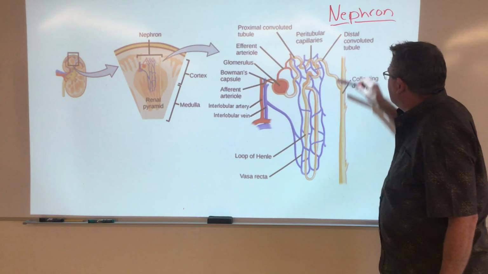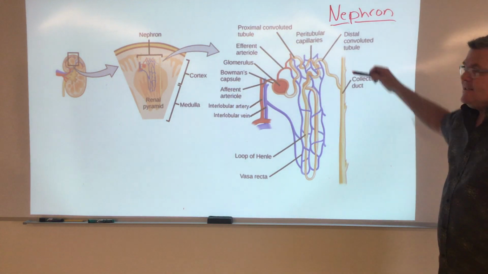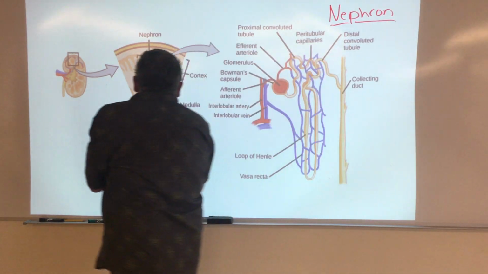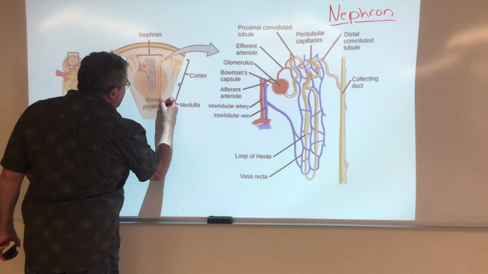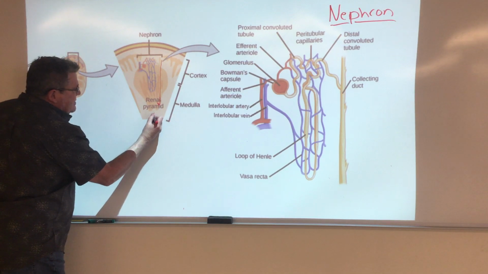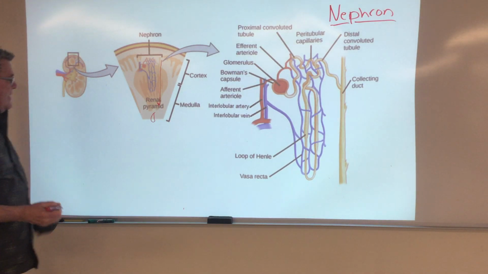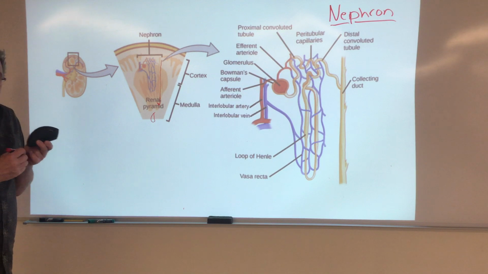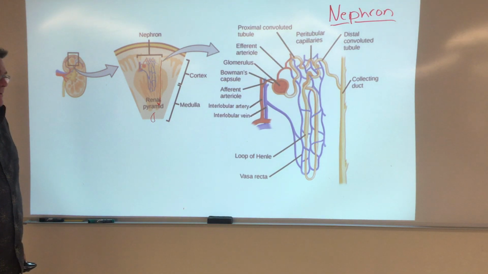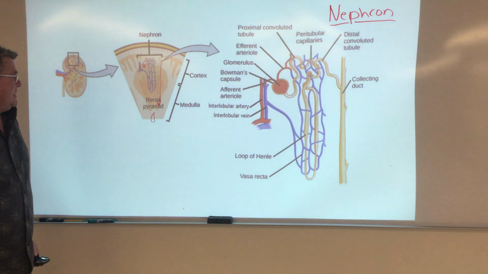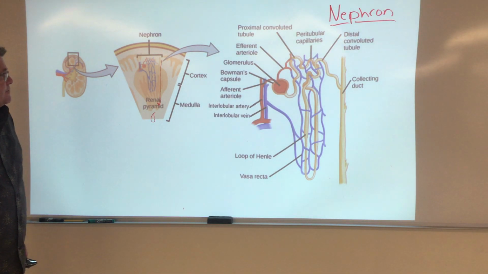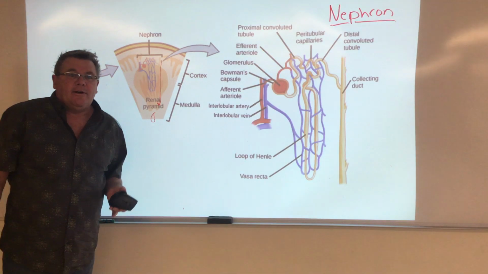If I did that the right way on this one, that comes over to the collecting duct. The collecting duct is this, and ultimately we'll have small droplets of urine drop now into minor calyx, major calyx, renal pelvis, ultimately into the ureter. So that's what we have to figure out next.